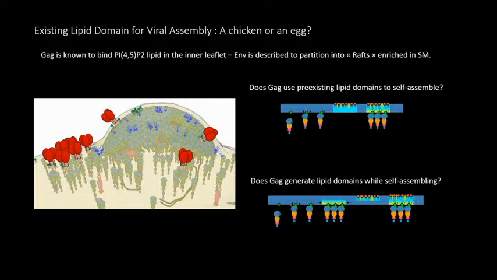So the question is how the envelope and the ongoing assembly of Gag are able to retrieve themselves, and two models have been proposed.